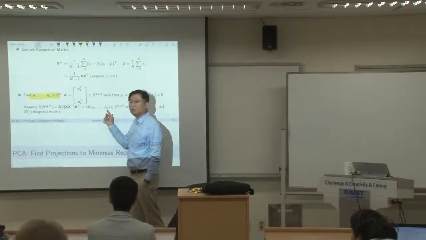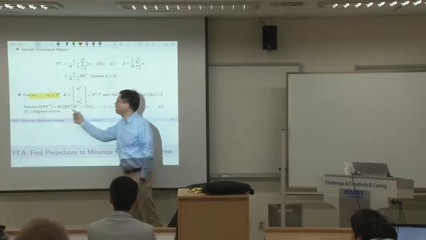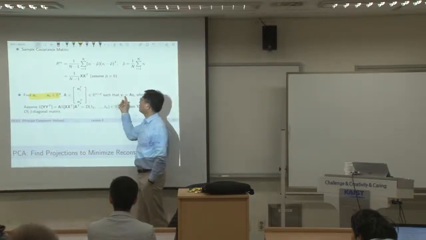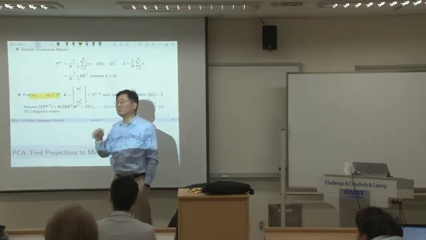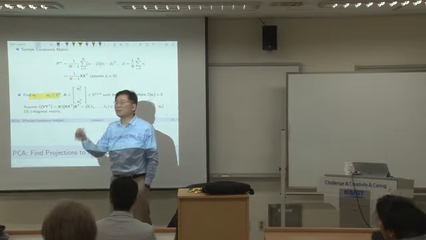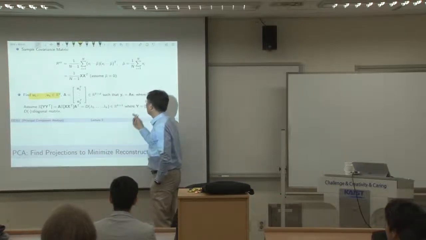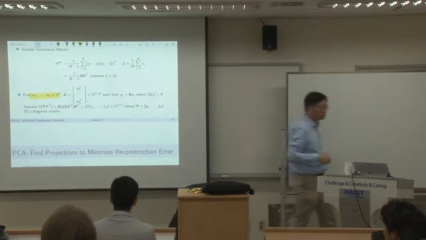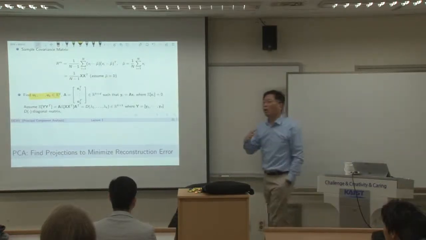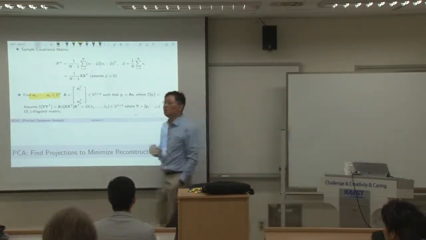This is like taking the covariance of this and performing eigen decomposition, or getting the eigenvectors and eigenvalues. So, what is the objective in PCA?